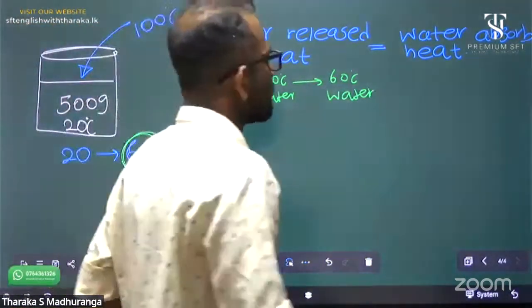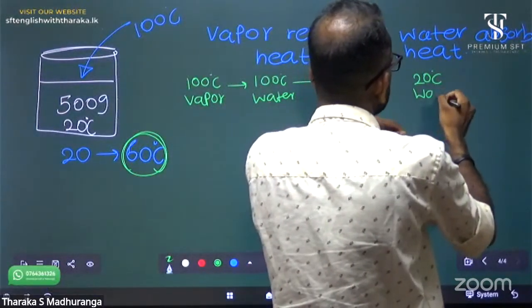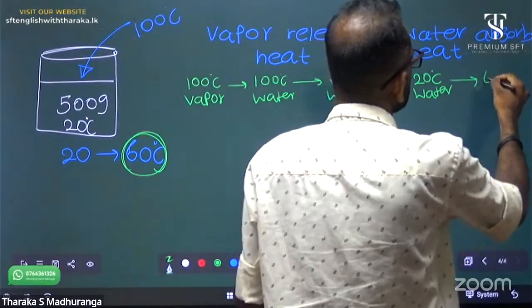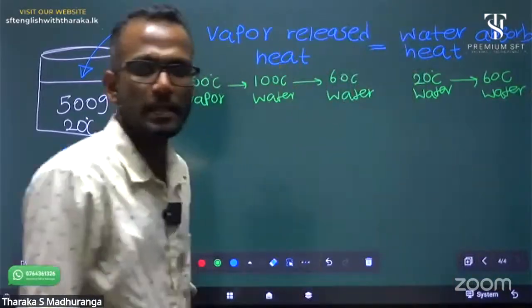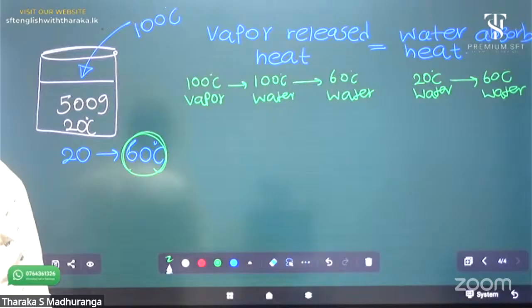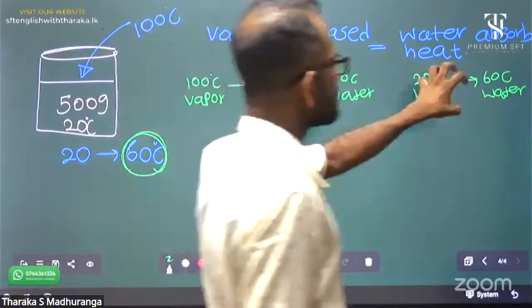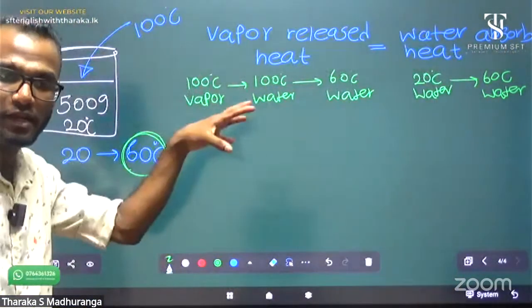Understood? Now, for the water, 20 Celsius water to 60 Celsius water, there is no physical state change. But the steam is condensing, right?